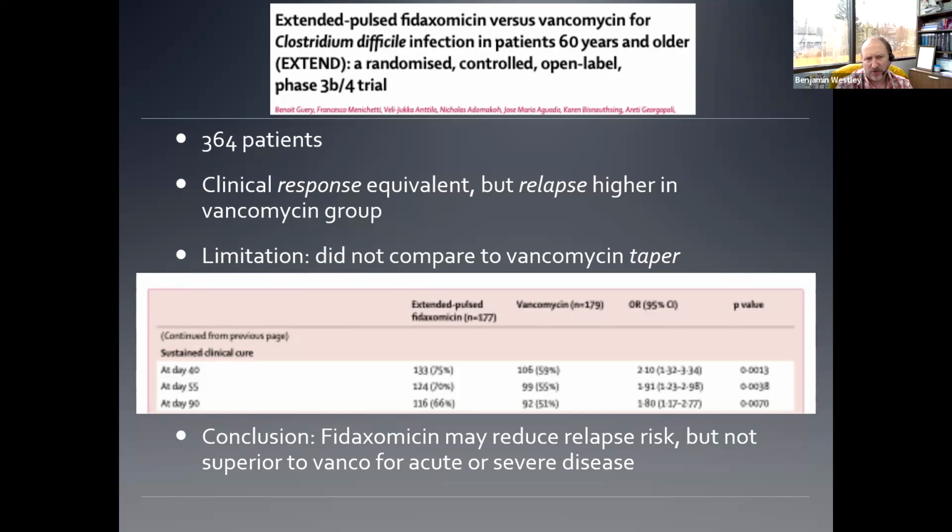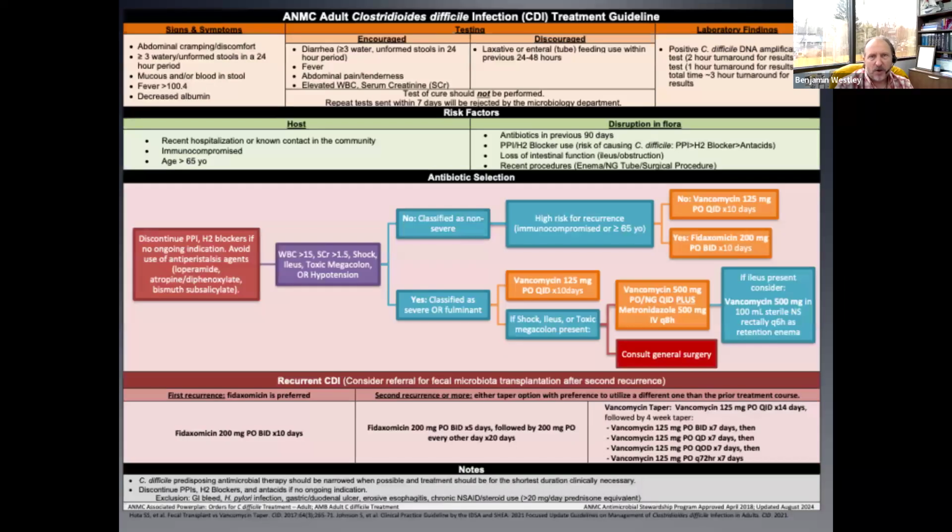It's not superior for acute disease or for severe disease. So this is what we do at ANMC. A lot of places do something similar. You can put your attention to the middle of the page. But basically, we say for antibiotic selection, is the patient very sick, yes or no? And then if they're very sick, then we give vancomycin, because that's what the guidelines say, and there's no benefit to fidaxomicin for treatment.